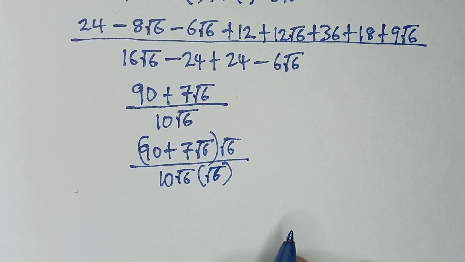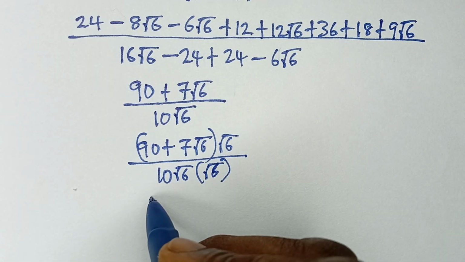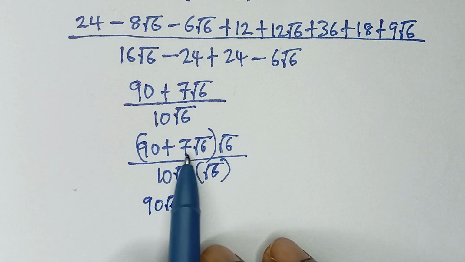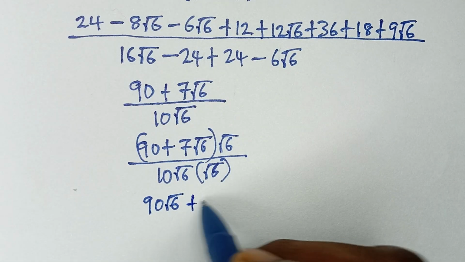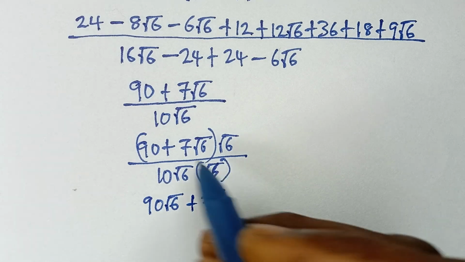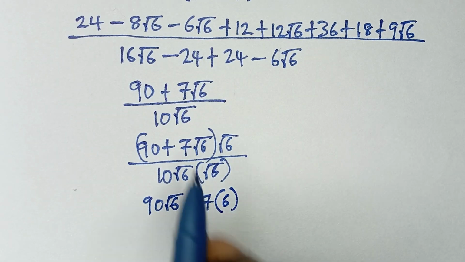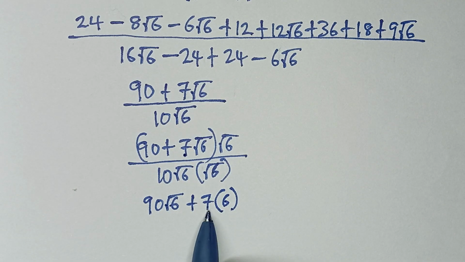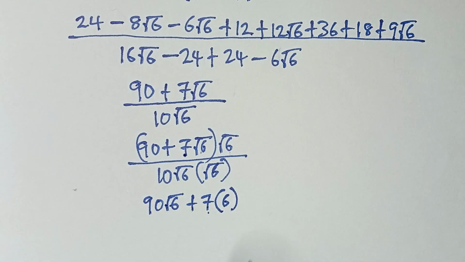So expanding the bracket now, I have 90 multiplied by root 6, that will give me 90 root 6. Then 7 root 6 multiplied by root 6, I have plus 7. Root 6 multiplied by root 6 is 6 without the root sign. Don't forget the 7 is a constant term there outside the root sign, so I simply write it. Then the root 6 multiplied by the root 6 will give me 6 without the root sign.